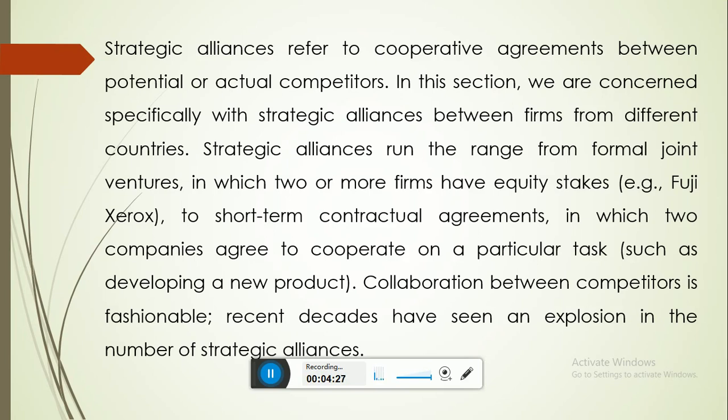In this section we are concerned specifically with strategic alliances between firms from different countries. We are not going into more details, just discussing certain points regarding strategic alliances: why companies are coming together, what the reasons behind it are, and what they gain. We will discuss this part.